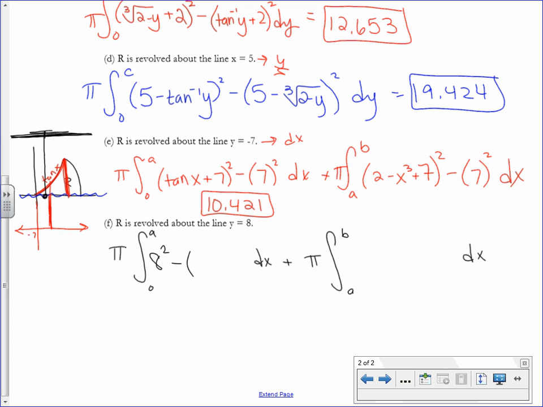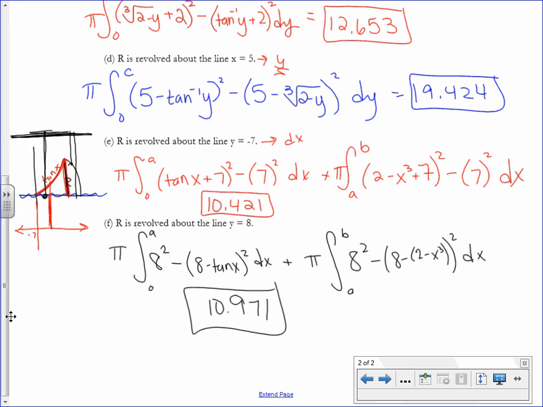And then from 8 to the tangent, 8 minus tan x. On the other side of this red line, I'm going to go from 8 to the x-axis again, so that's just 8. And from 8 to the cubic function, 8 minus 2 minus x cubed. Plug it all into your calculator, you get 10.971.